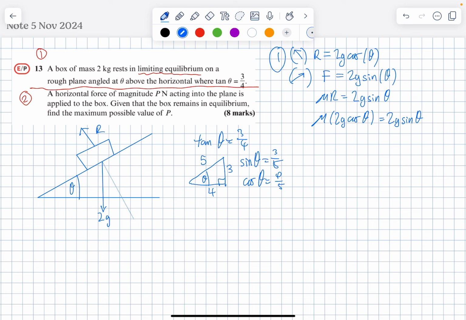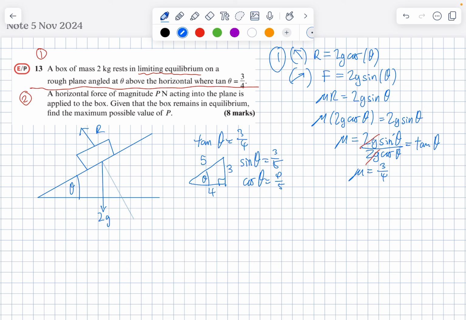So now if we rearrange that, because we want to know what mu is, mu, our coefficient of friction, is equal to 2G sine theta over 2G cos theta. And 2G divided by 2G is just 1. I've got sine over cos, which is tan of theta. So that means that our coefficient of friction is just as we were given in the question, equal to tan theta, which is 3/4. So now I've got my coefficient of friction.